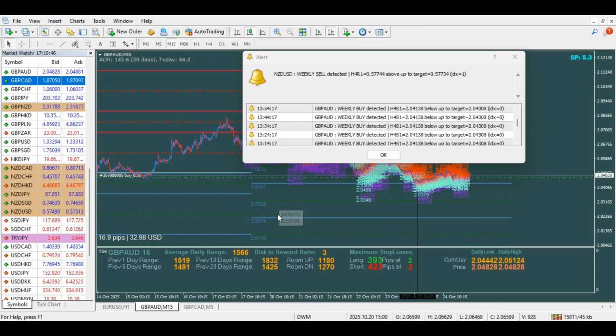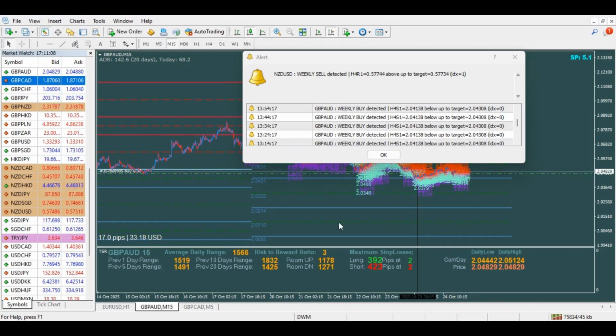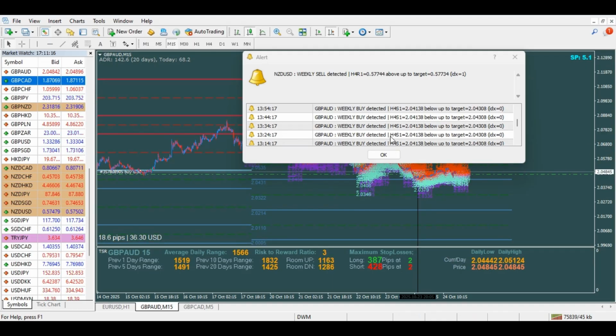The weekly S2 will be 2. The MS3, which is the midpoint level between weekly S2 and weekly S3, will be 3. And the weekly S3 will be 4. Okay? You can just simply look at the price levels and see where it's detected.